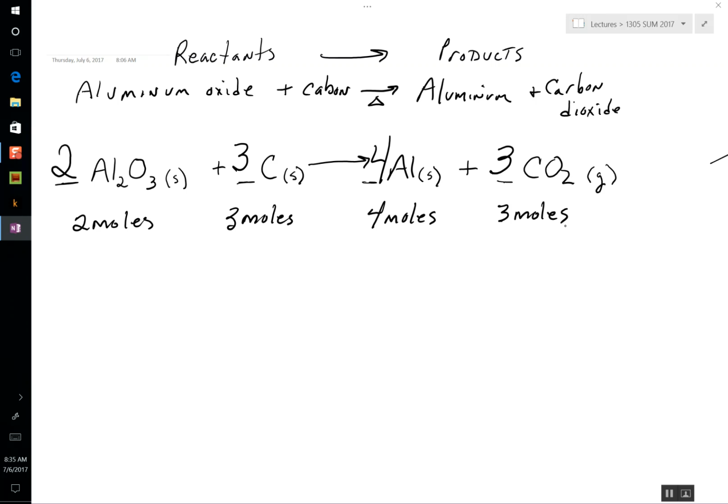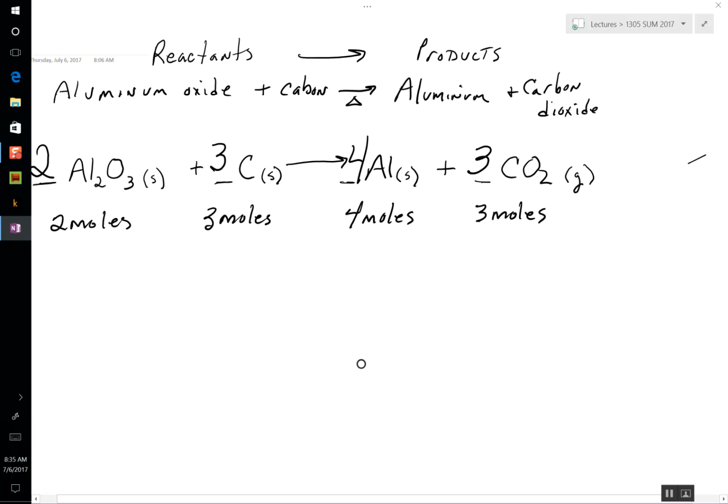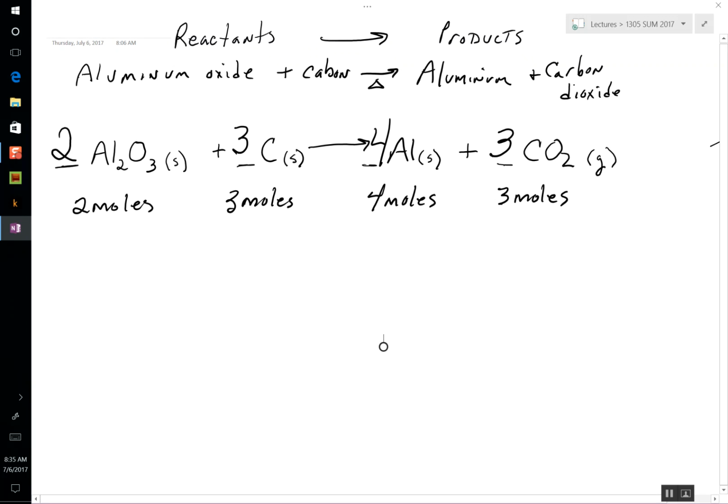So Jose, don't worry about these. I'll show you one type of chemical reaction where you're going to look at those subscripts as a hint for what's going on. But for the most part, that's not our major concern. You could look it up in a table of compounds, and it would tell you its melting point, and you'd know whether it's a solid, liquid, or gas at room temperature.